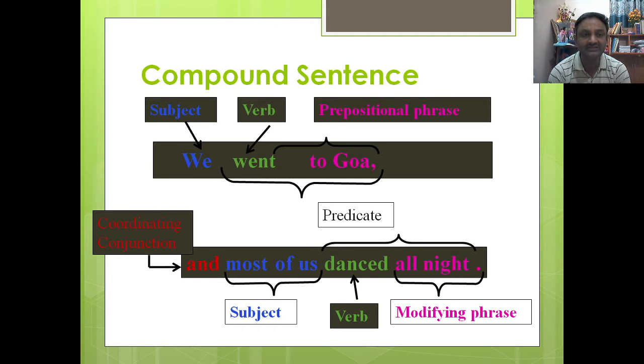You can very easily understand from this slide the coordinating conjunction. Now this part is very important, you are joining two parts, the subject and the predicate, and most of us, again the subject, danced all night, the modifying phrase. So both the sentences are connected with this coordinating conjunction and.